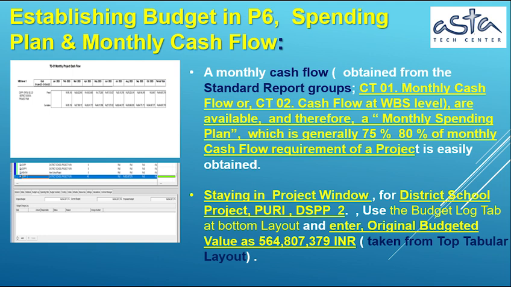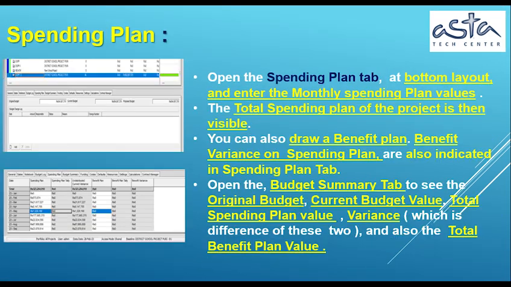Staying in the project window, for the district school project, PURI, DSPP2, use the Budget Log tab at the bottom layout and enter the original budget value as 564,807,379 Indian rupees, taken from the top tabular layout. Spending plan. Open the Spending Plan tab at the bottom layout, and enter the monthly spending plan values.